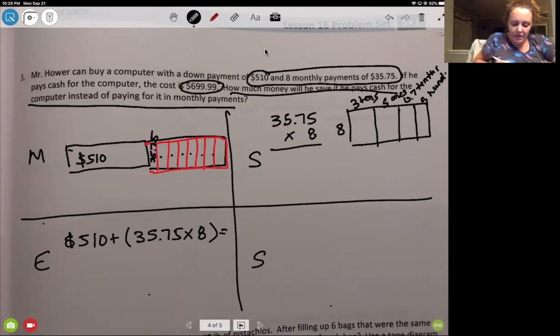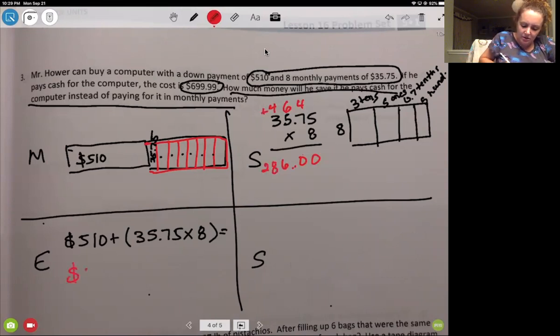When you get the product, we're going to add $510 to it. So we should do $510 plus $286 to get the total for this plan.